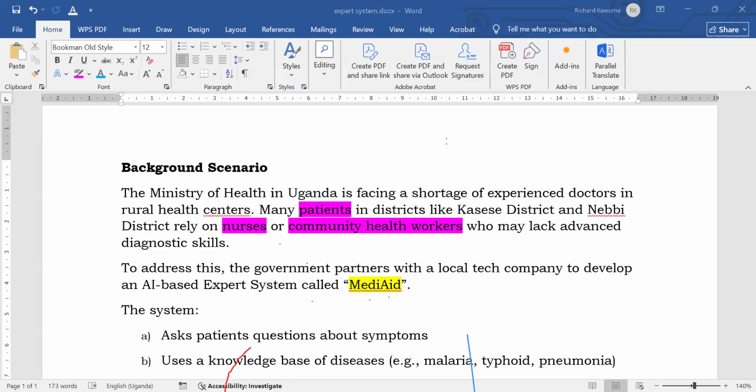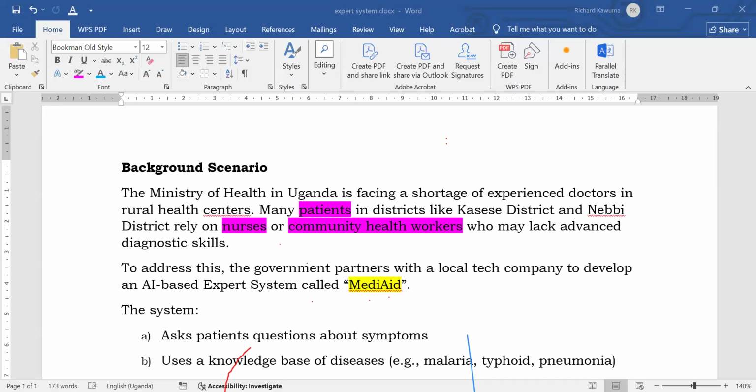This patient has no mobile phone, doesn't know how to use this gadget, is not aware of this system. Can this community worker key in the symptoms of this patient and tell the patient what he is suffering from, and get him help? So we have three users here: the nurses, community health workers, and the patients. Does it make sense?